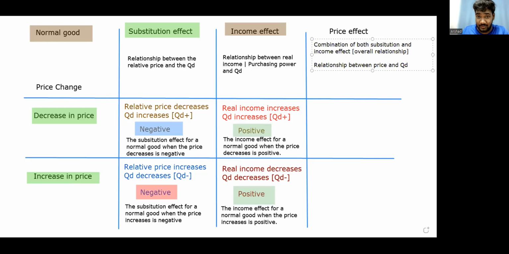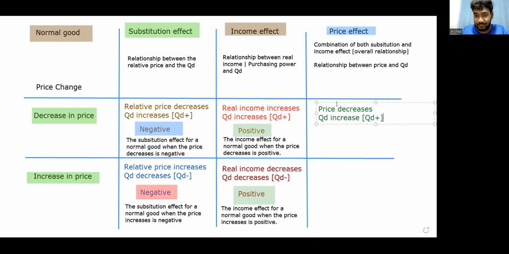For a normal good, as a result of the price increasing, right, price increases, what happens to quantity? Sorry, price decreases. Sorry. Talking about a price decrease here. Price decreases, what happens to quantity? If price decreases, QD will increase, right?